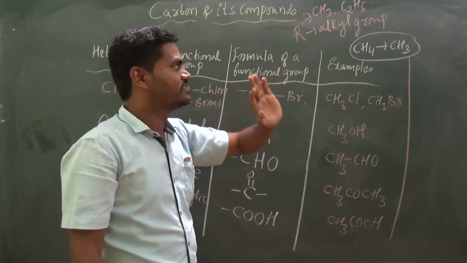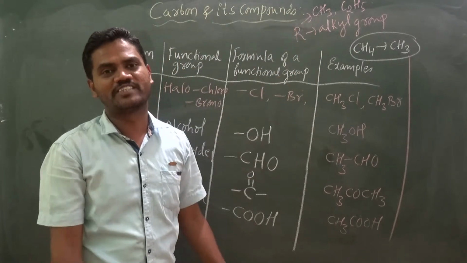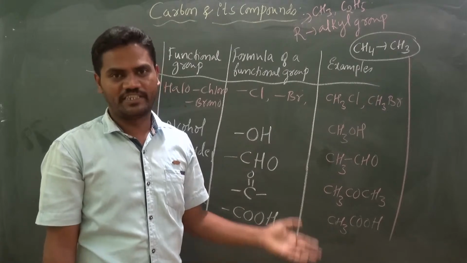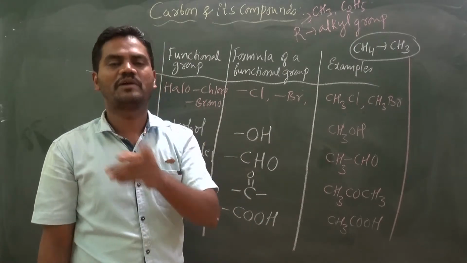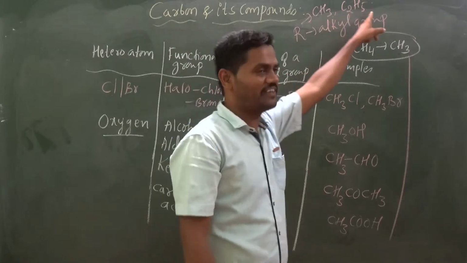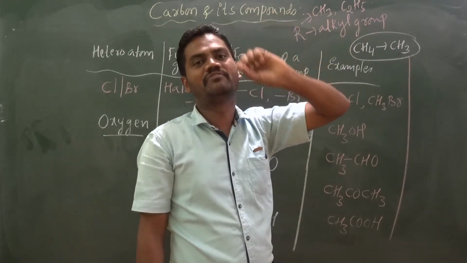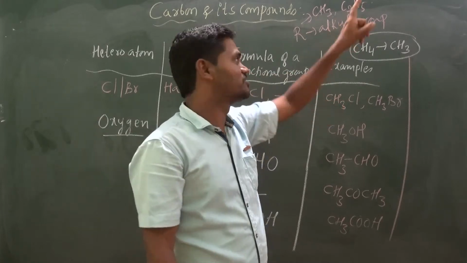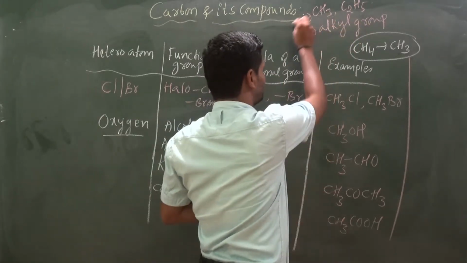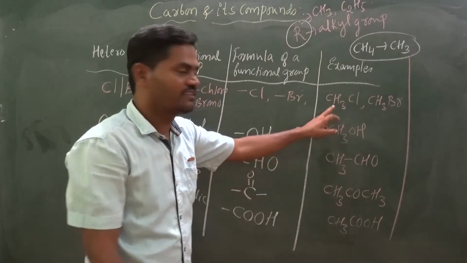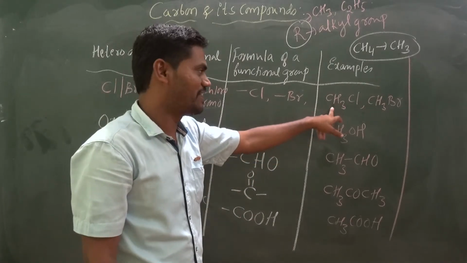Then take another example, C2H6, that is ethane. That also differs by one hydrogen. That's why I wrote C2H5 here. C2H6 is ethane, so that differs by one hydrogen, and then it is known as an alkyl group. Very important. That's why I have taken the example as CH3Cl.